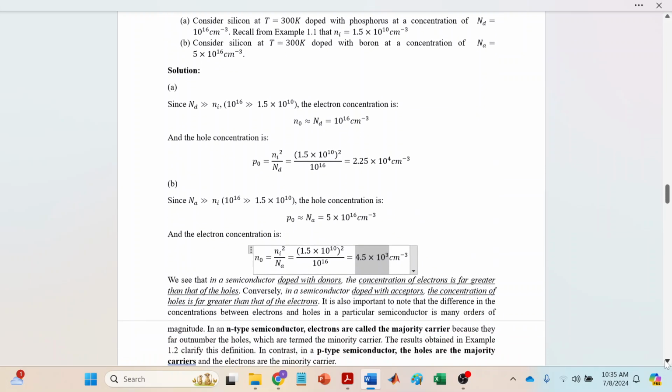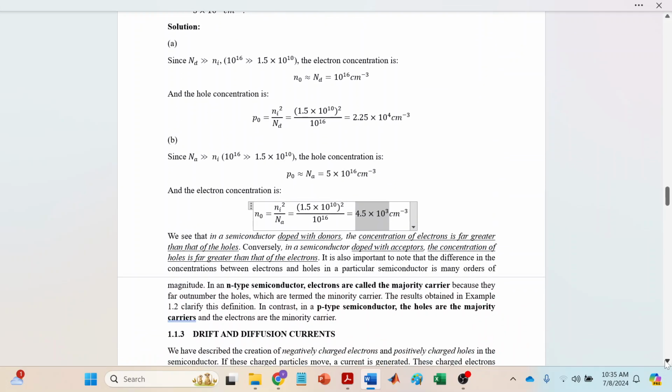So when we look at this example, we can see that when the semiconductor material is doped with a donor impurity, the electrons are the majority carriers. So why are the electrons majority carriers?